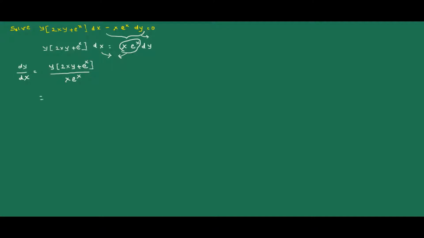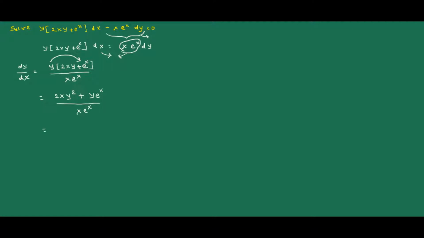Now simplify the numerator. y into 2xy is 2xy square plus, similarly the next term, y into e raised to x, that is y e raised to x, divided by x into e raised to x.